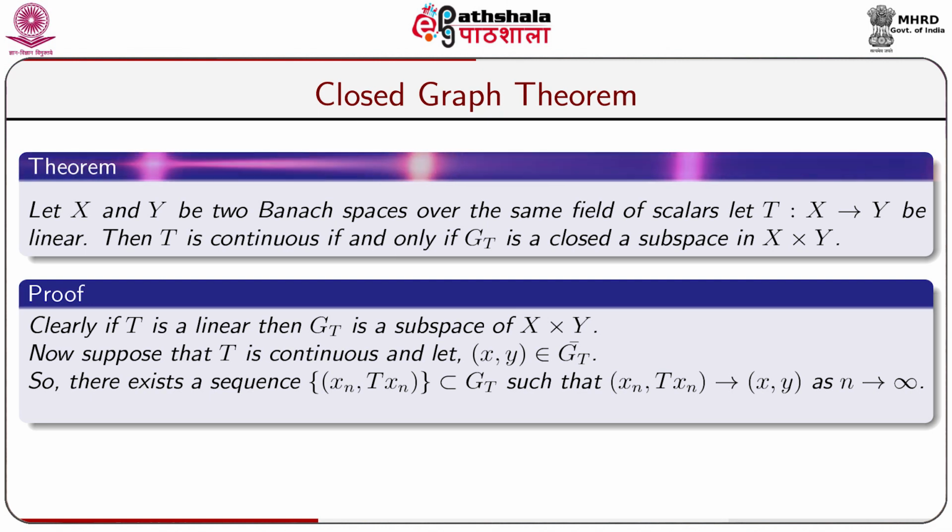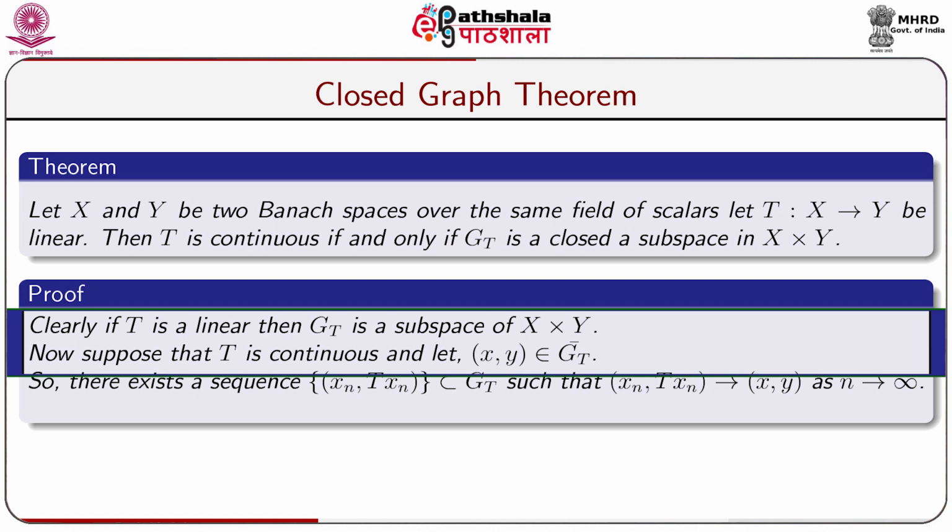Let X and Y be two Banach spaces over the same field of scalars, and let T, a mapping from X to Y, be linear. Then T is continuous if and only if the graph of T, that is GT, is a closed subspace in X cross Y. The proof: clearly if T is linear, then GT is a subspace of X cross Y.